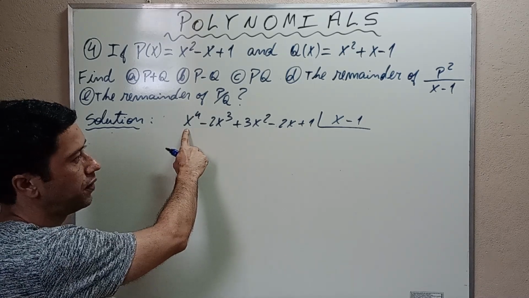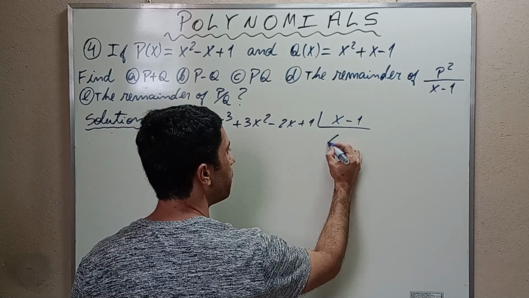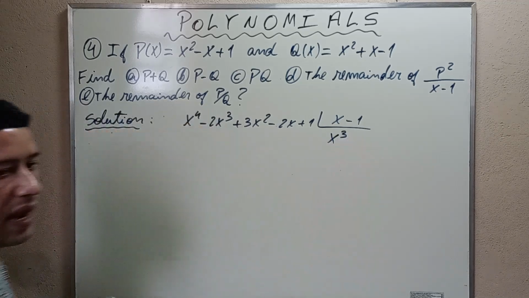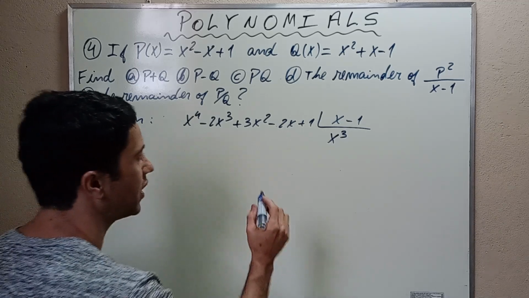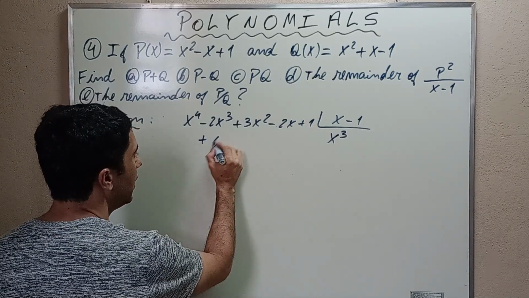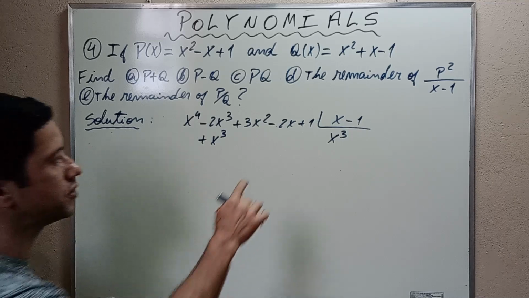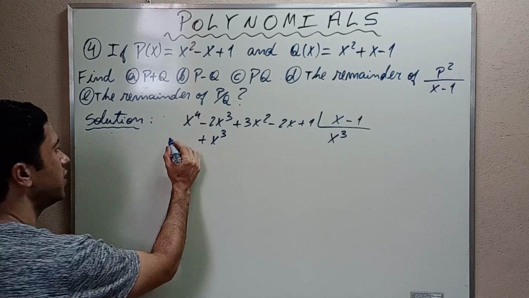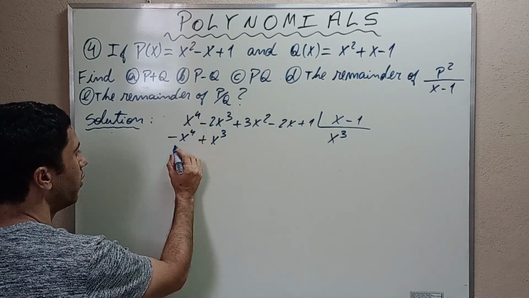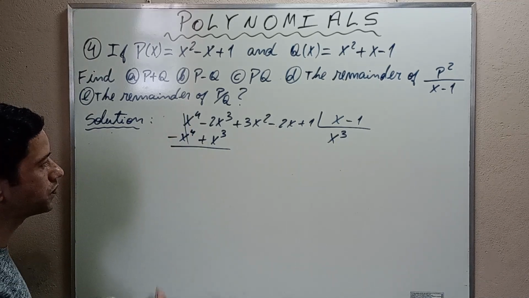X to the fourth divided by x is x cubed. X cubed times negative 1 is negative x cubed. I pass to this side, it becomes positive x cubed. X cubed times x is x to the fourth. I pass to this side, it becomes negative x to the fourth. Okay? These terms cancel each other out.